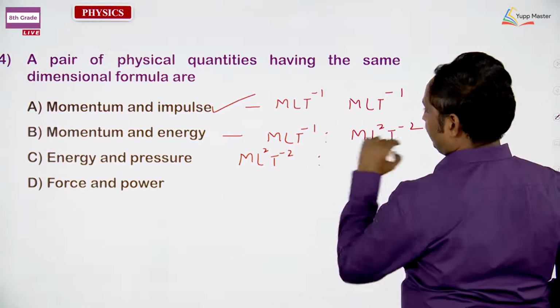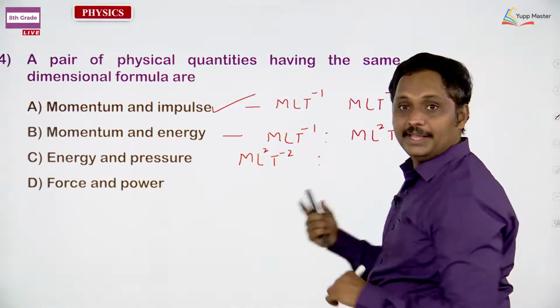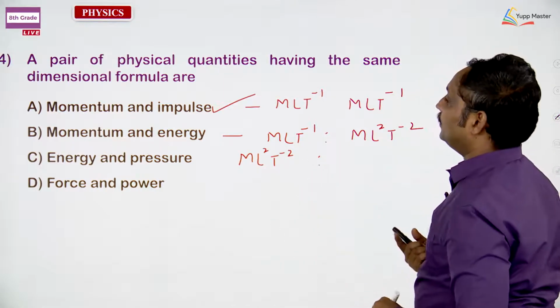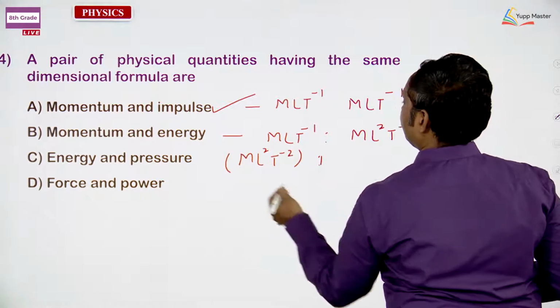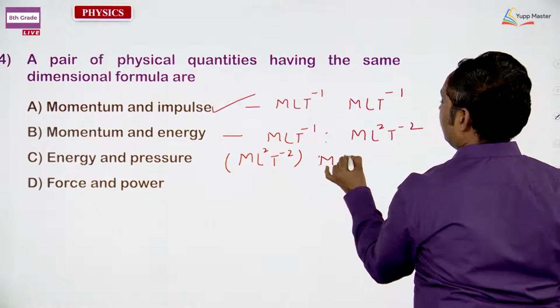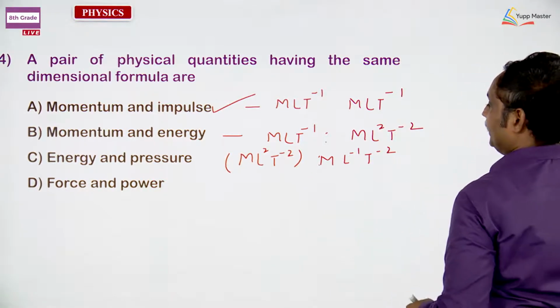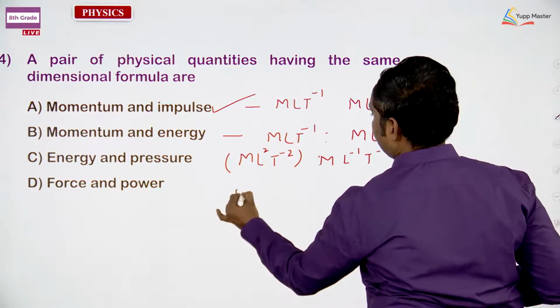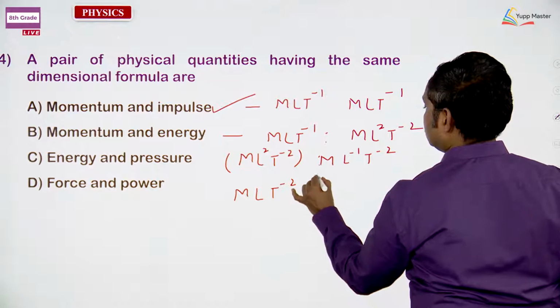Pressure is equal to force by area, that is M L minus 1 T minus 2. And force is M L T minus 2.